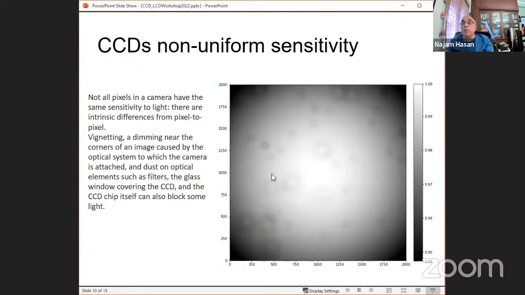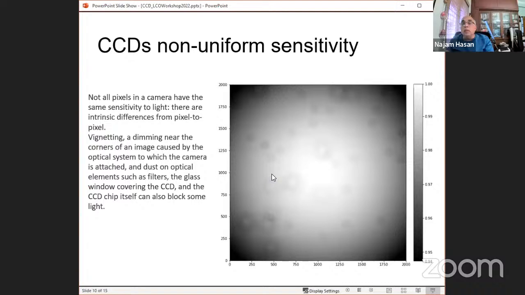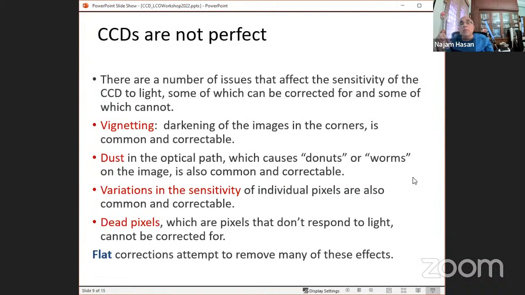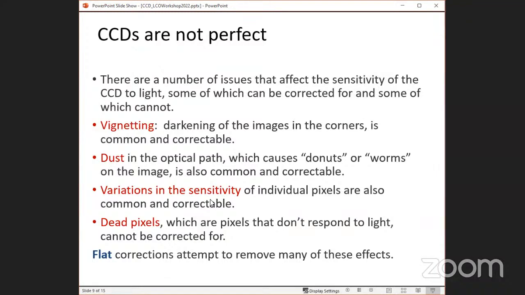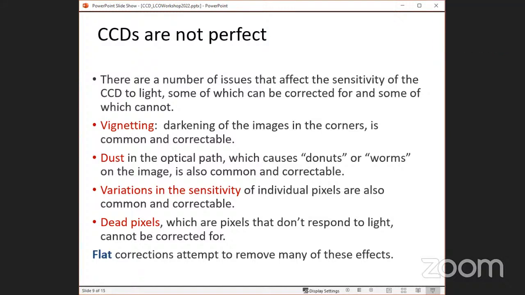For example, you see it in this frame, the dust. Then, like I mentioned, the variation in the sensitivity of the individual pixels can also create a problem, and this can also be corrected.